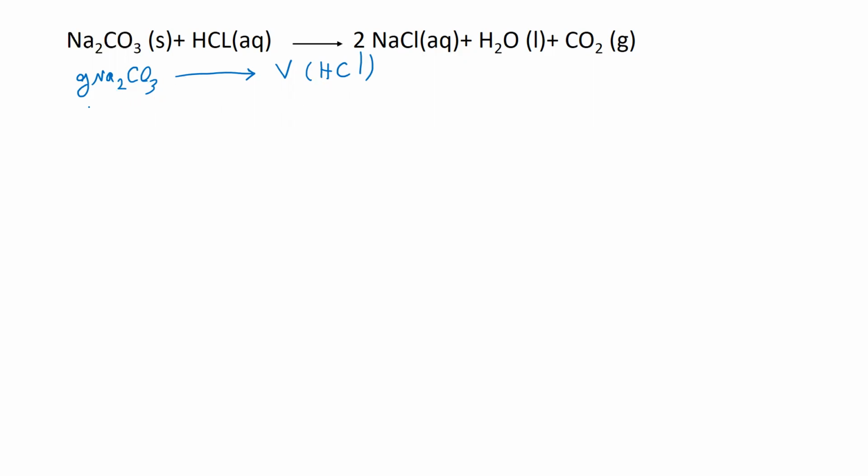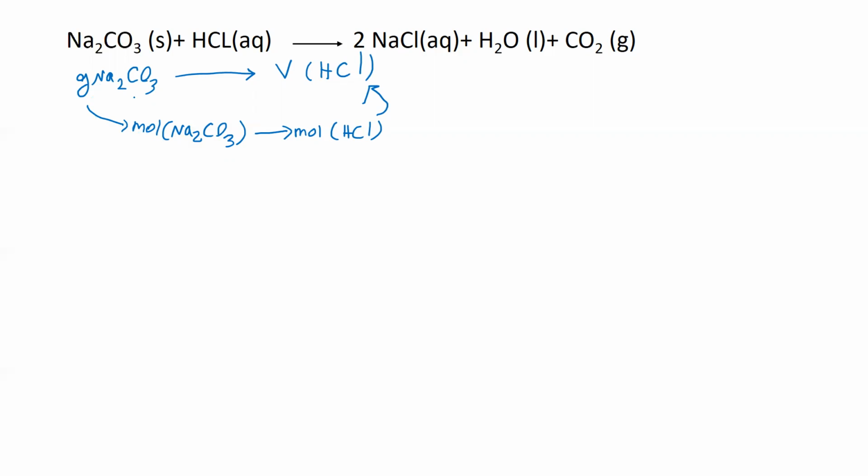So the first thing I need to find is the number of moles of Na2CO3, then using the balanced equation find the number of moles of HCl, and from moles of HCl I should be able to find the volume of HCl. Let's see how we can do it.